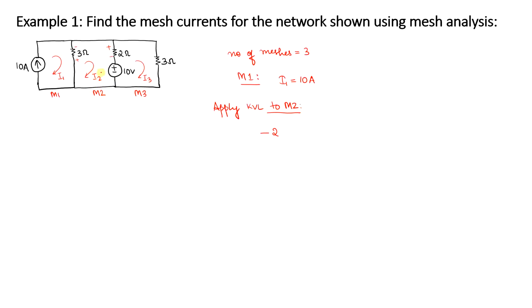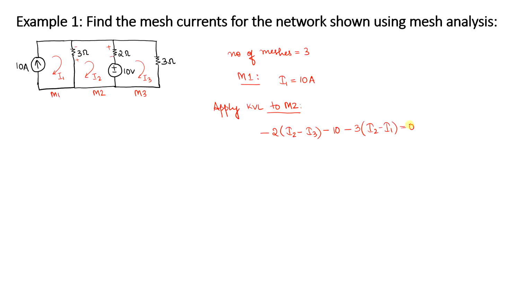So when I write the equation for a resistance which is being shared between the two meshes, make sure that you write the equation in terms of the dominant current. So it is minus 2 times (I2 minus I3) minus 10 minus 3 times, again the dominant current is I2, so this becomes (I2 minus I1) equal to 0.